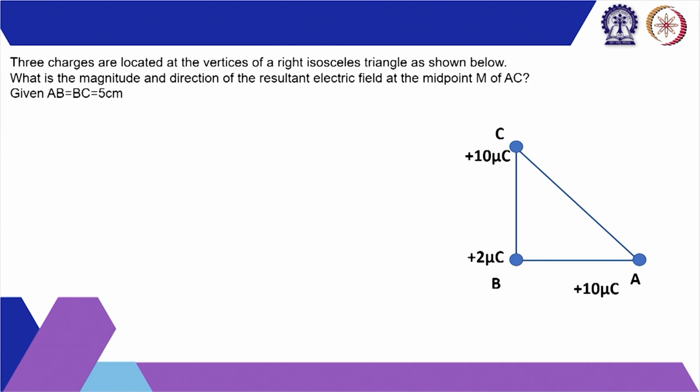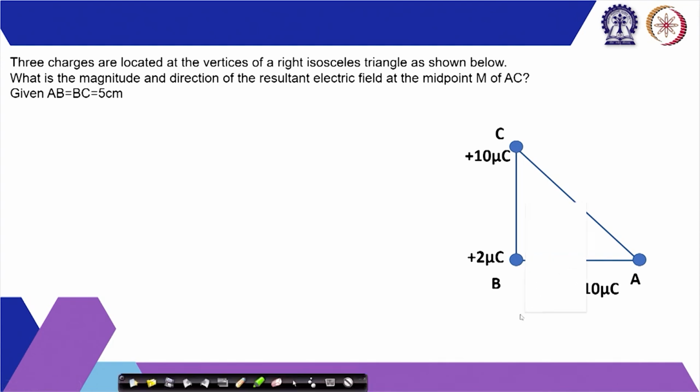Here is the first problem. It says three charges are located at the vertices of a right isosceles triangle as shown below. What is the magnitude and direction of the resultant electric field at the midpoint M of AC, given AB and AC are 5 centimeter.